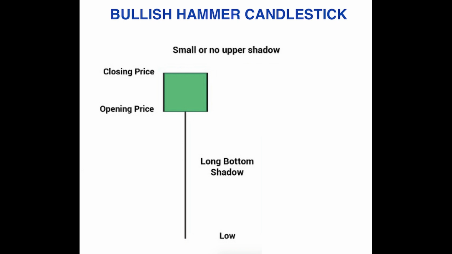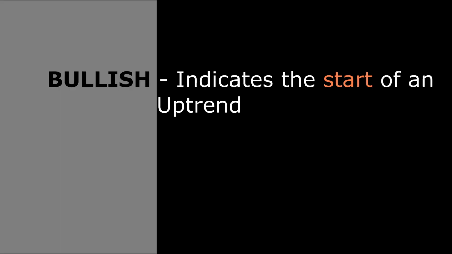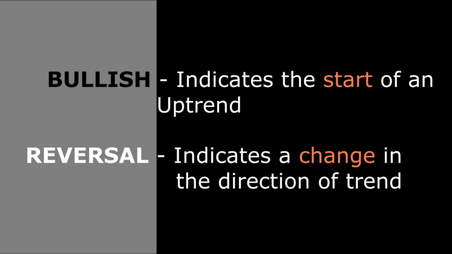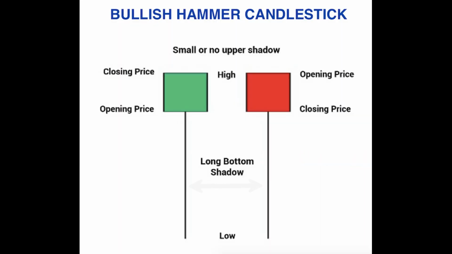A hammer is a type of bullish reversal candlestick pattern made up of just one candle. It's bullish because it indicates the start of an uptrend. And it's a reversal pattern because it indicates a change in the direction of trend. The color of the body can be either red or green, where a green body shows a stronger bull market than a red body.